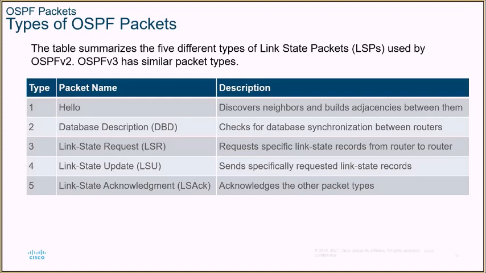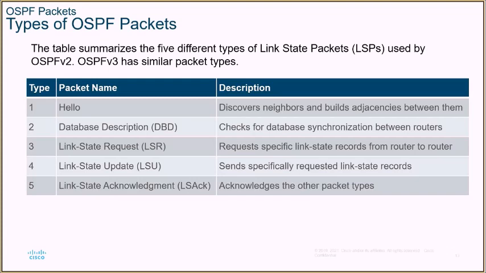And so that's, of course, how those link state records are sent. That's not the only time link state update packets are sent. When a router forms an adjacency, it will actually send an update unsolicited, basically, of, hey, these are the routes I know of. And so it will happen.